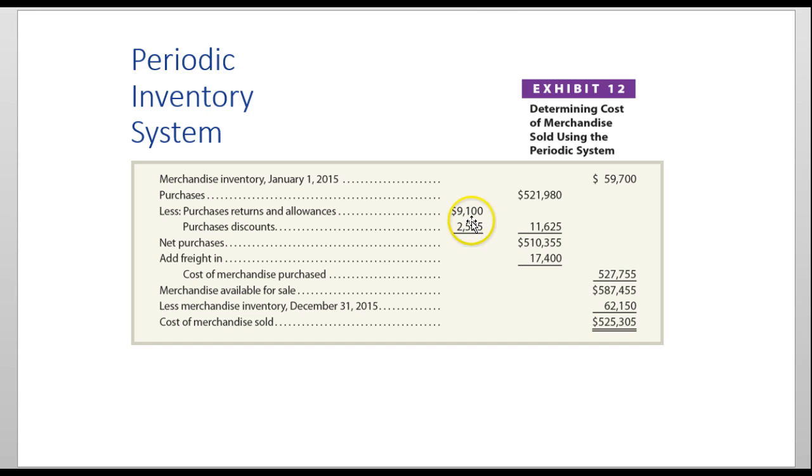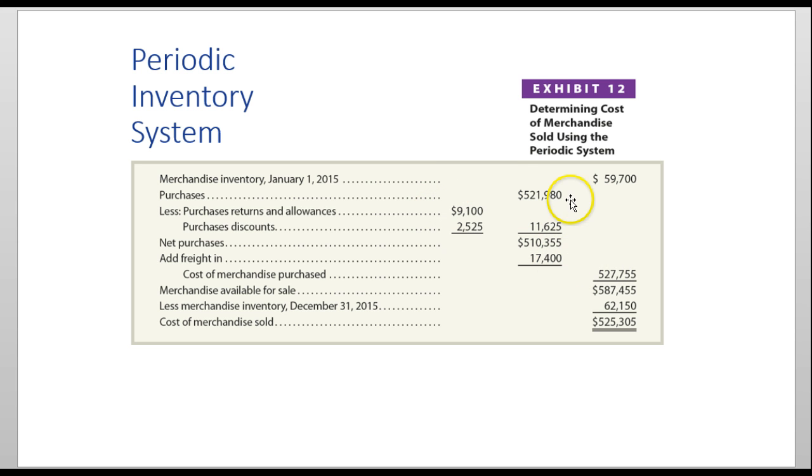These two have to be subtracted from the purchases. If I add those together, I'm going to come up with $11,625. This becomes my net purchases. Now what's not included in net purchases and has to be included is my freight in. So I add that in and I come up with my cost of merchandise that I've purchased.